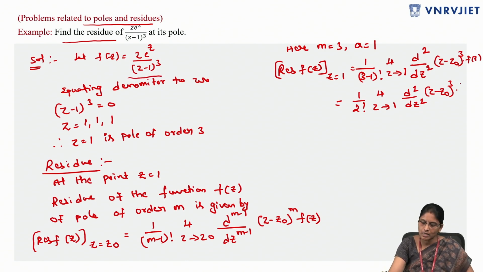F of z is z e power z by z minus 1 whole cube. Here z naught is 1.